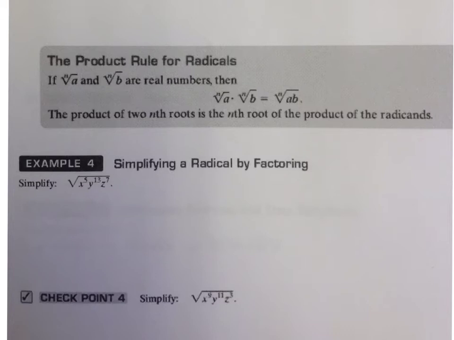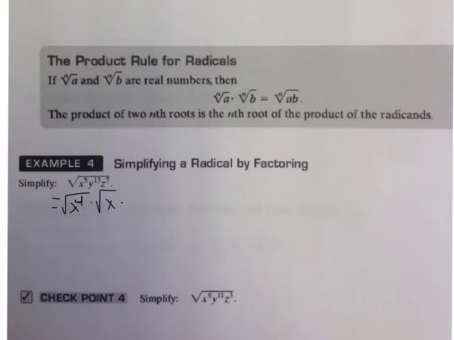So let's look at rewriting example 4 into a bunch of different factors, and we're always going to take one less. If I want to take the square root of x to the 5th, we're going to take one less than that and make it even. So the square root of x to the 4th, times one more square root of x, because x to the 4th times x makes x to the 5th.